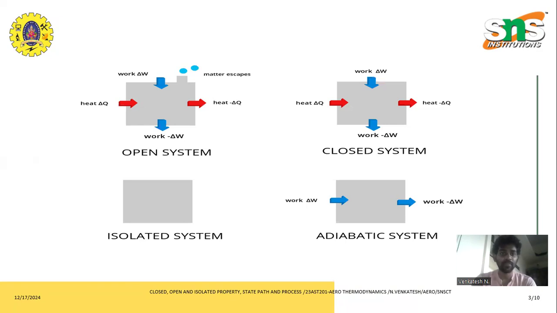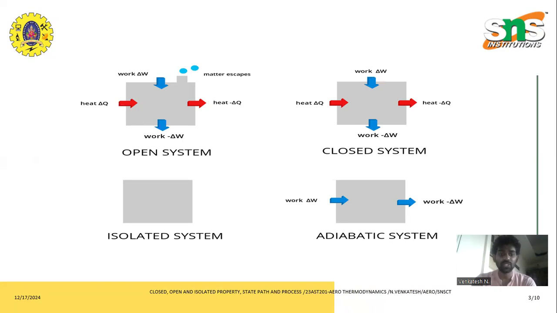Here there is heat in and heat out, and work in and work out, with matter escaping from the open system. In the closed system, heat and work are considered for the first law of thermodynamics. These are called the open and closed systems.